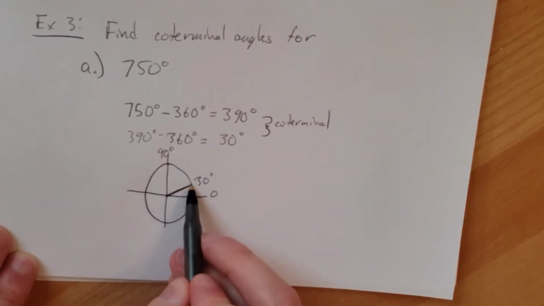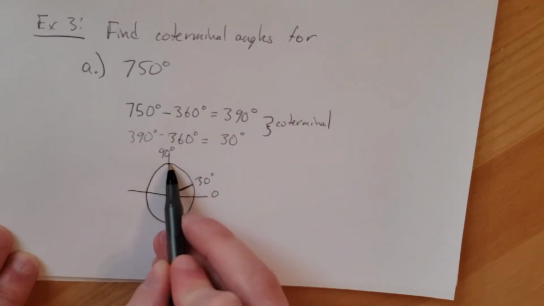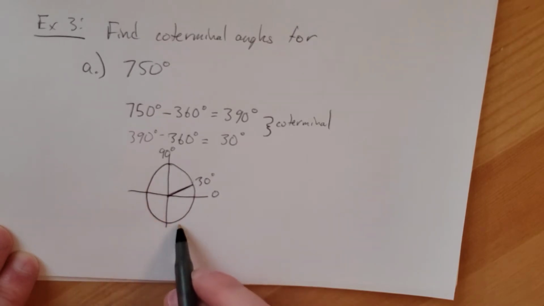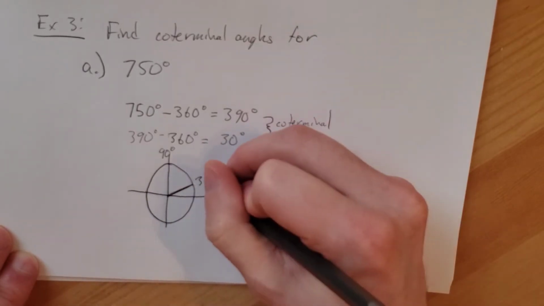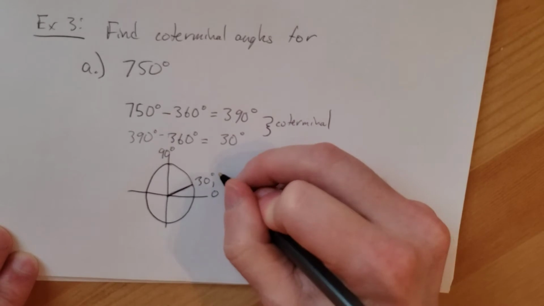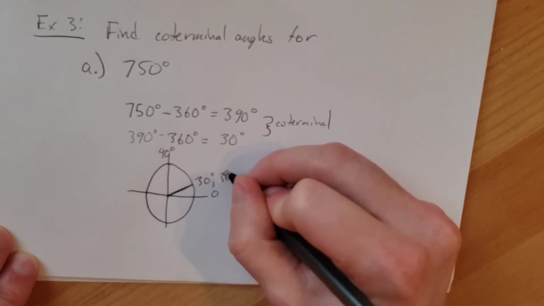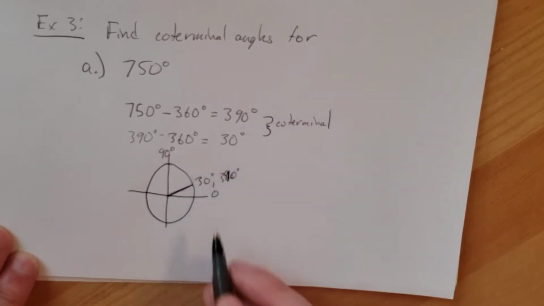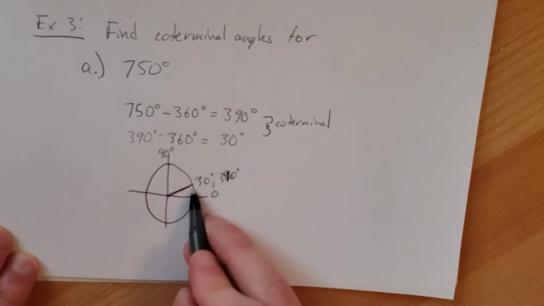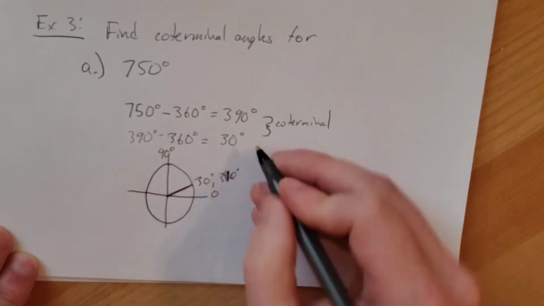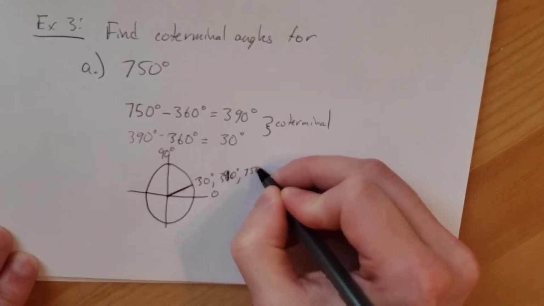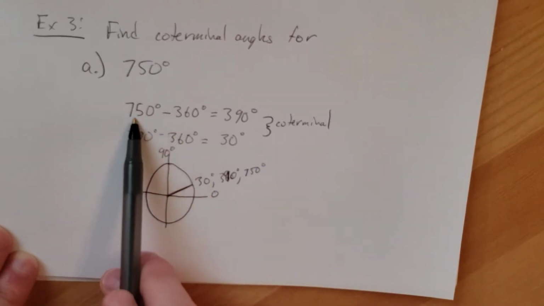But notice if we start here and we go 360 degrees, so all the way around the circle from that point, we end up back at that same spot, which would be 390 degrees. Right? We start with the 30 and then add 360 to that. We could add 360 again to get to our 750 that we started with.